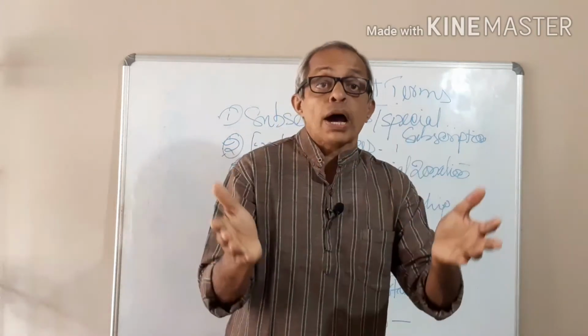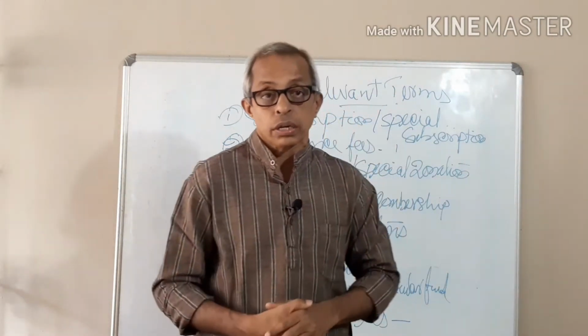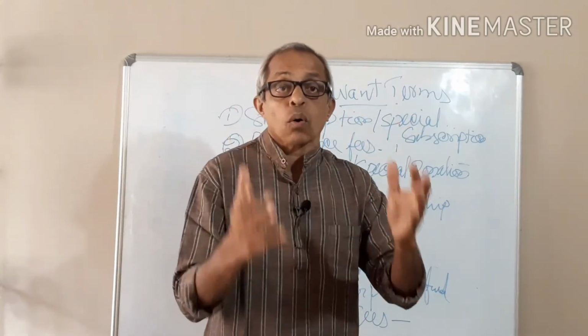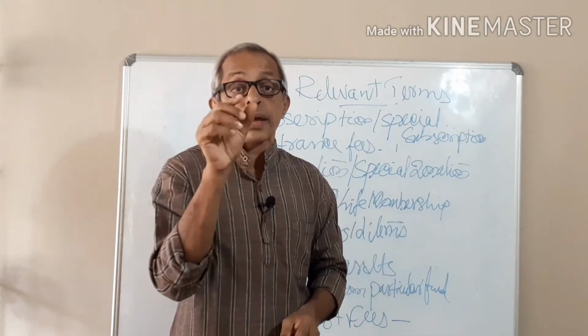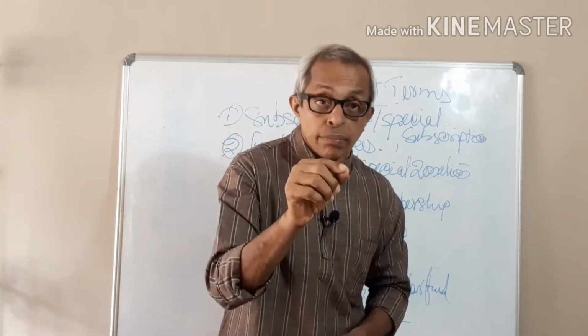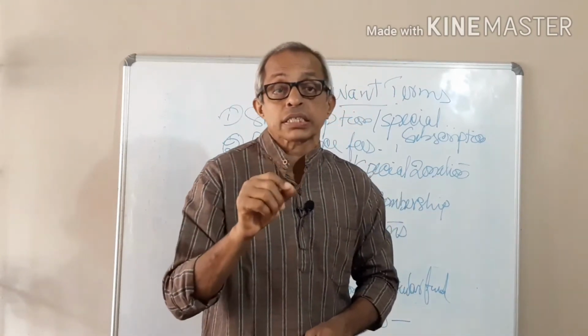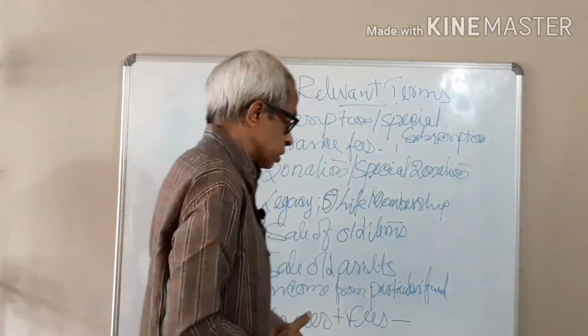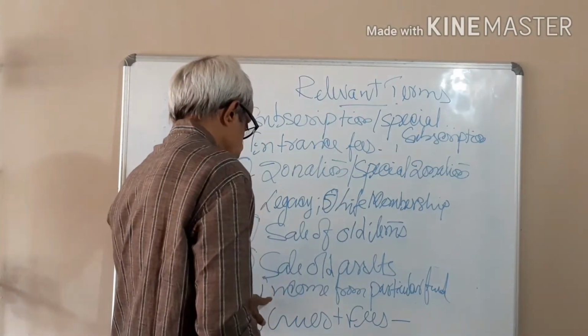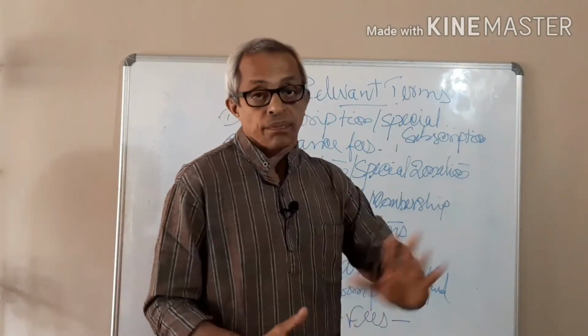The book value of old assets sold, or the amount realized from the sale of old assets, may be deducted from the old assets to be shown on the balance sheet.